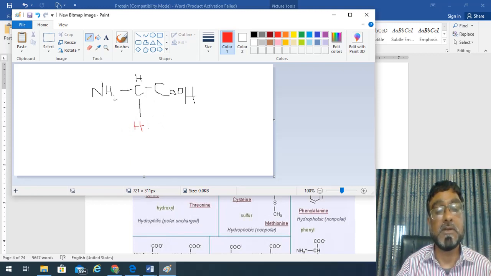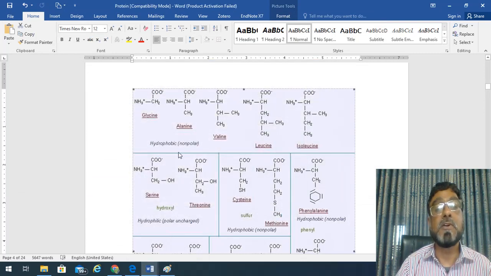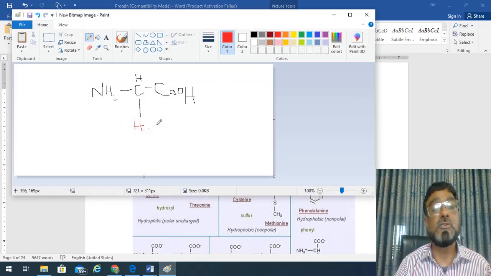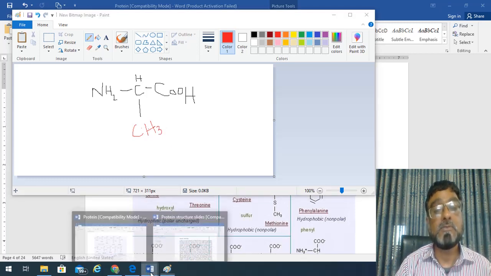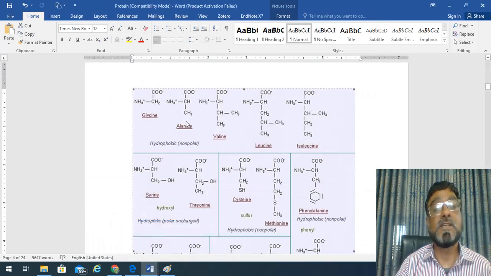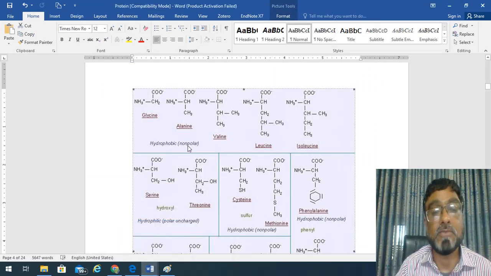For alanine, you are just replacing this H with CH3, an alkyl group, and the rest of the structure remains the same. This is the alanine. Again, it's a non-polar, hydrophobic amino acid.